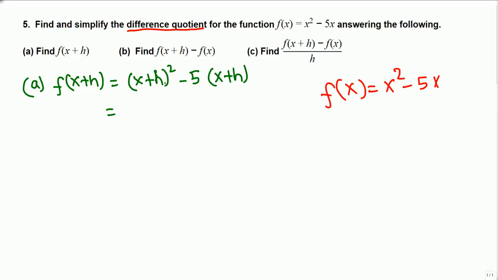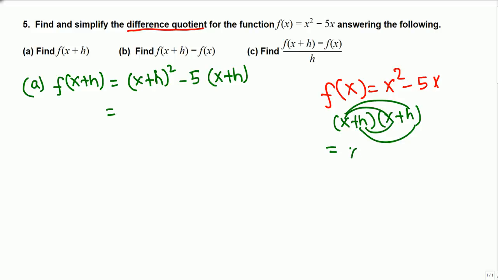Okay, now let's simplify. x plus h squared means x plus h times x plus h. So we multiply x plus h by itself. It's not simply x squared plus h squared. That's false, that's not true. We need to multiply, distribute.